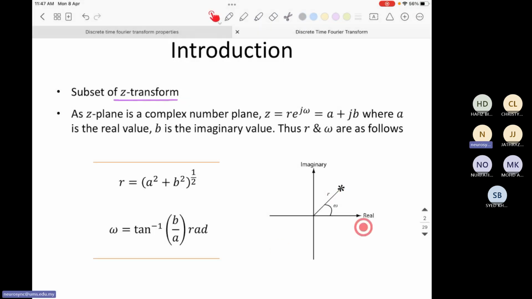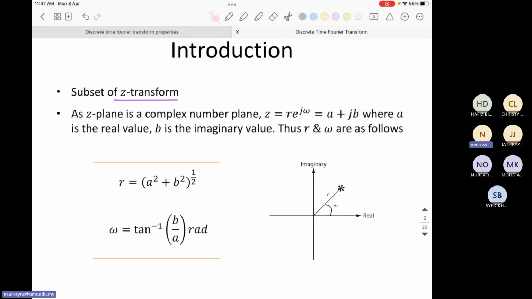We have the real part on the X axis and the imaginary part on the Y axis. So this is a complex plane with real and imaginary axes.